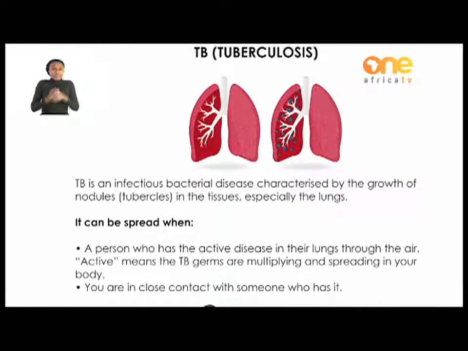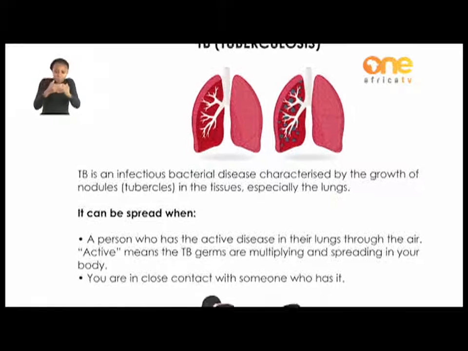How is TB spread? It says it can be spread through the air when a person who has the active disease in their lungs coughs. Active means the TB germs are multiplying and spreading in your body. Or it can also be spread when you are in close contact with someone who has the disease.